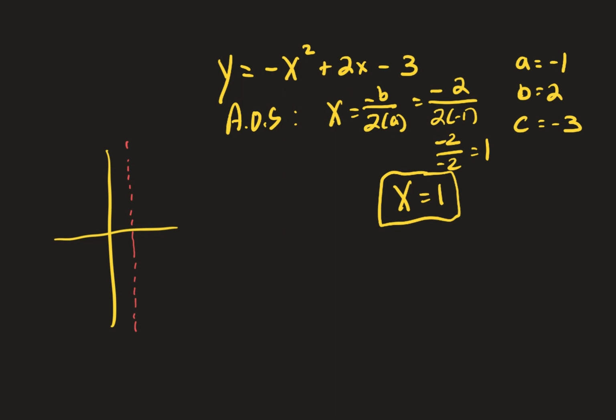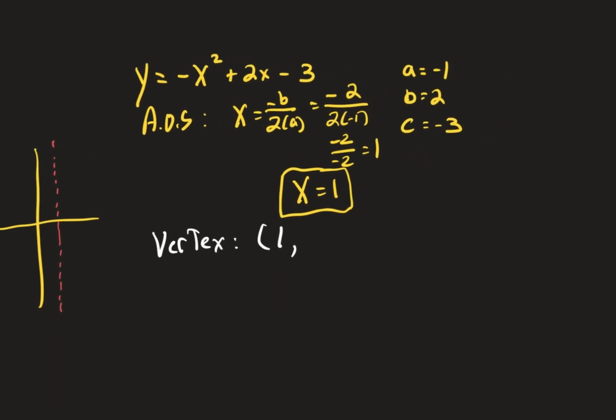Step 2, we're going to find the vertex. I know my x value at the vertex is 1 because my vertex has to go on that axis of symmetry. I'm going to go ahead and substitute it into my equation. y is equal to negative x squared plus 2x minus 3. Now I know what my x value is.